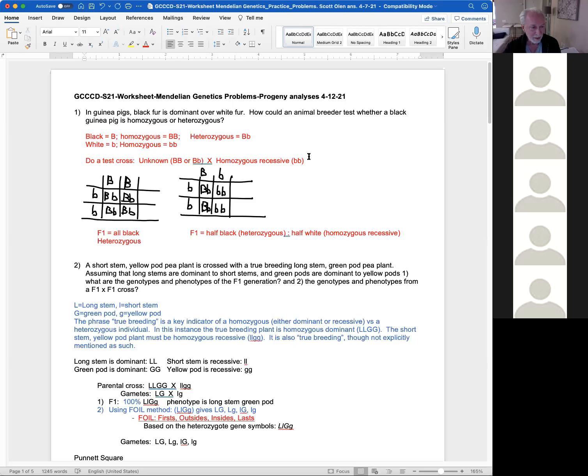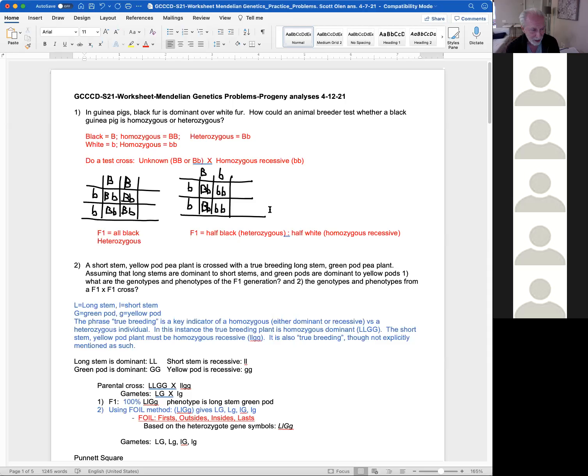On the other hand, if the unknown is itself a heterozygote, then we get the Punnett square on the right, where if you match up the gametes, big B, little b, two of them are heterozygotes and the other two are homozygous recessive, which means that half of the progeny will be black and half will be white.